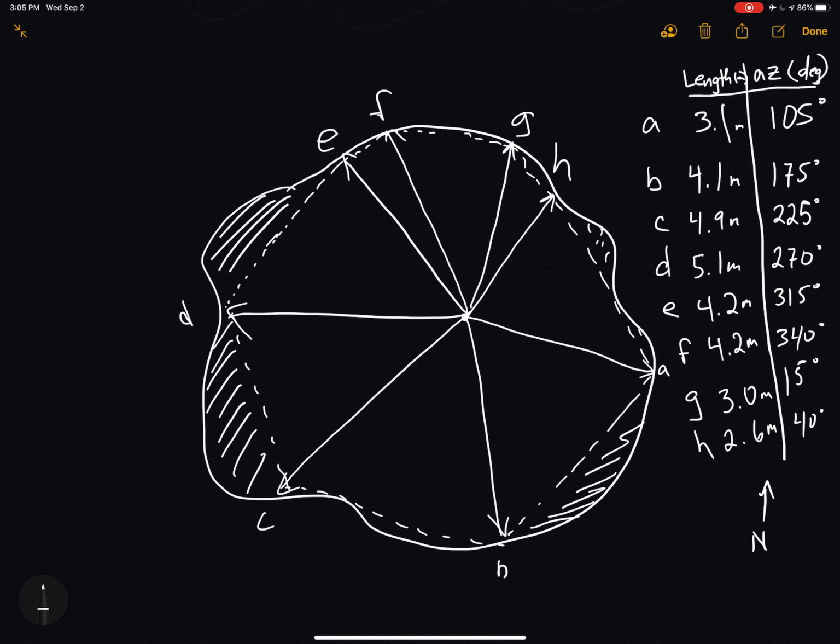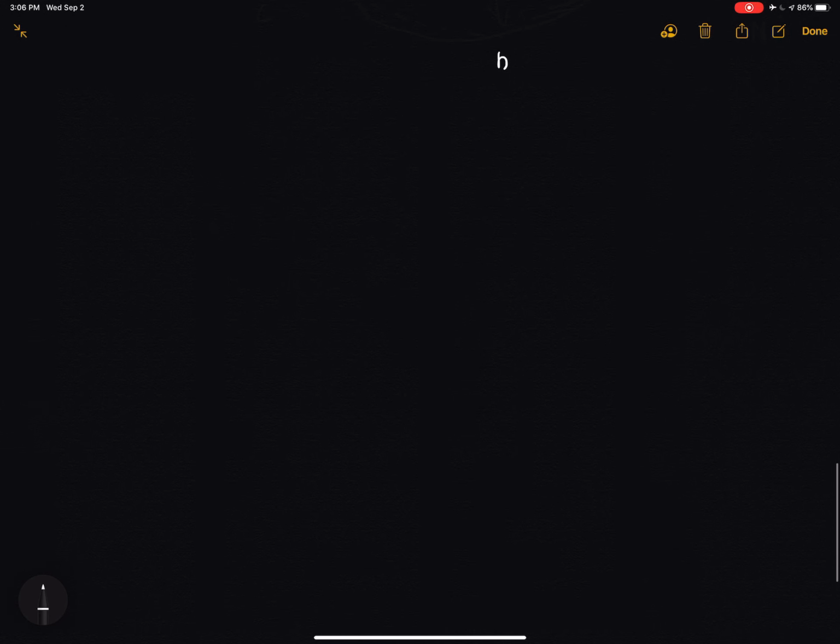Okay, so now we've got a whole bunch of lengths and a whole bunch of directions for these rays, these radii pointing out from our arbitrarily chosen point. That's all we need to do on that campsite for this particular kind of data.